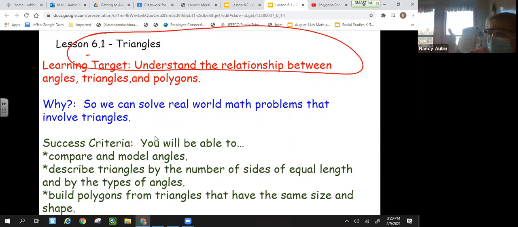How are we feeling? All right, what about describing triangles by the number of sides of equal length and by the types of angles? Right angles. Okay, what about building these polygons today? How did you feel about polygons? Any better than before? How about convex and concave?